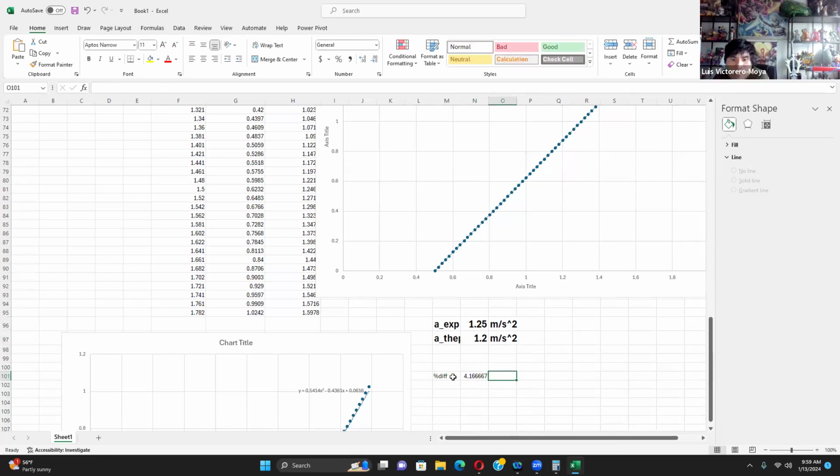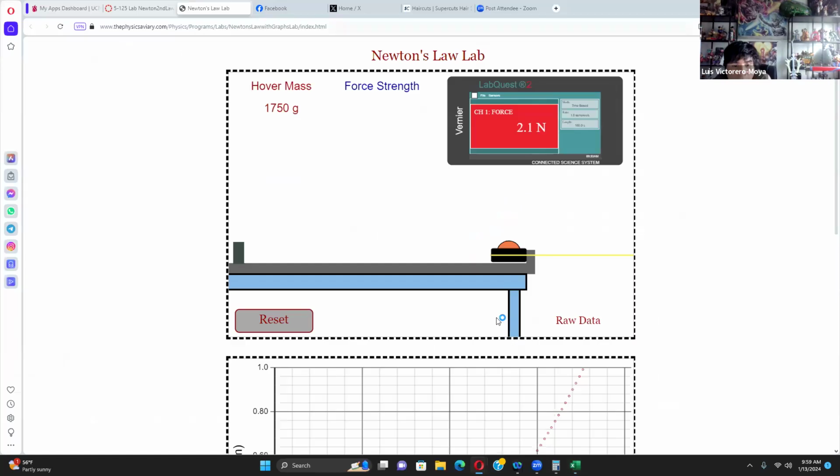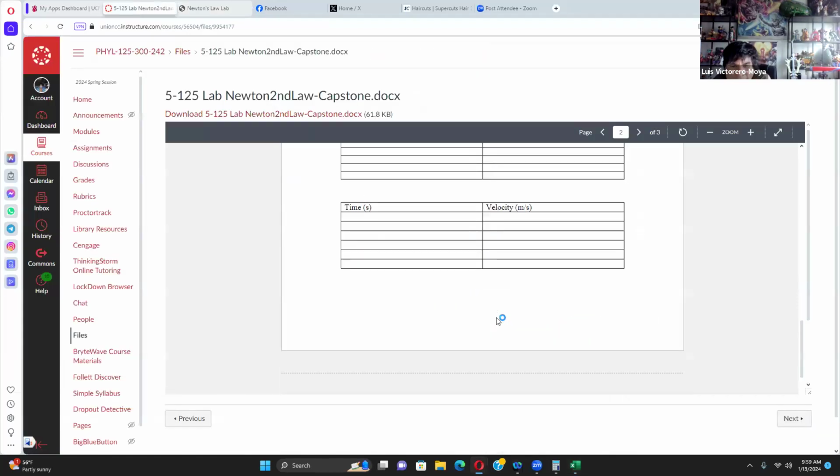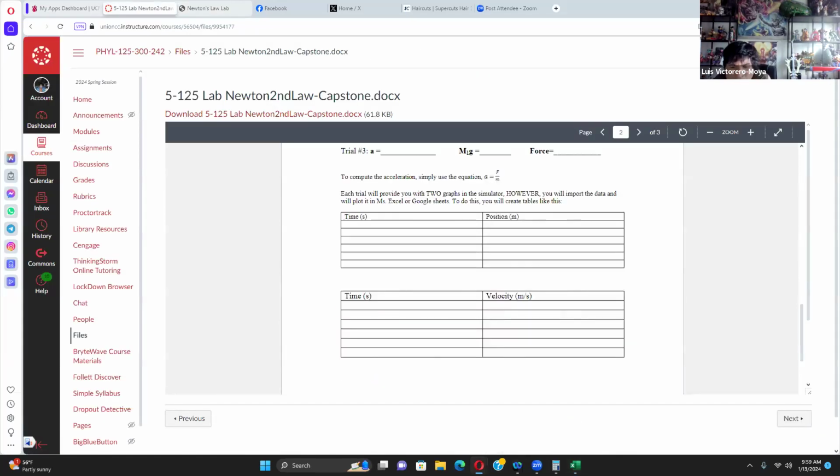And I get this percentage difference, 4.16, 4.17 percentage difference. You will do that for each trial. And that's it. Once you have that, you can just go and answer the questions at the end of the lab manual. So again, this is another lab where you have to do some plots and some graphs.